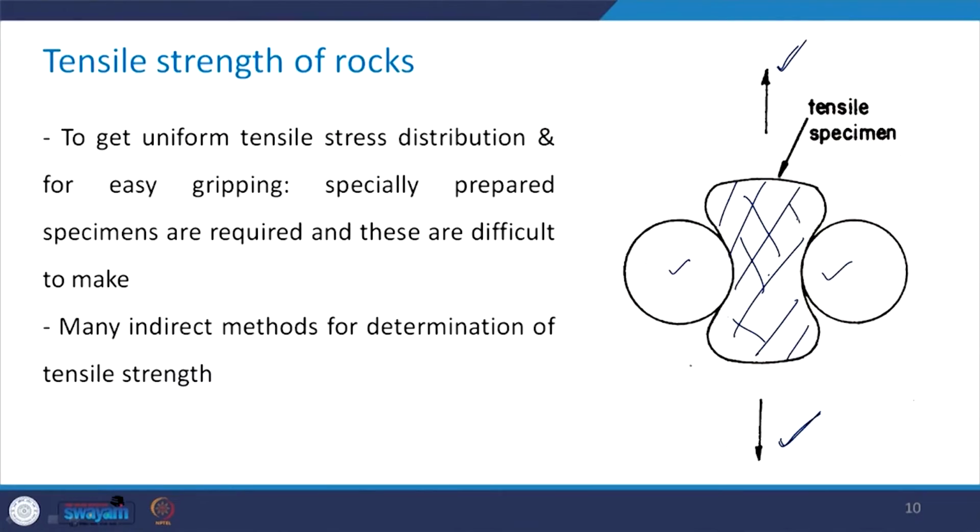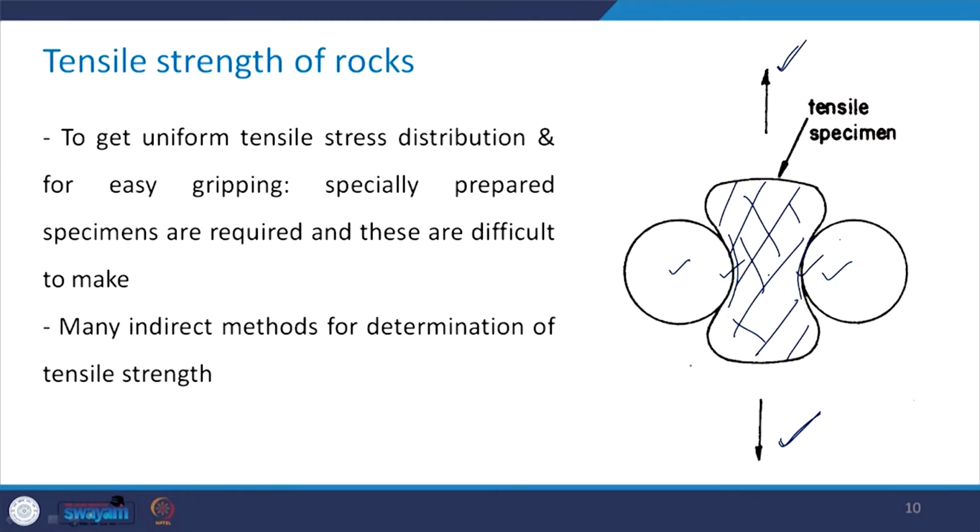Now, what will happen? First of all, it is very difficult to make this specimen. Second thing is, think about what will happen at these interfaces in these zones. There is going to be huge stress concentration in these zones, that is, the contact zones between the gripping arrangement and the specimen. And what will happen because of that stress concentration?